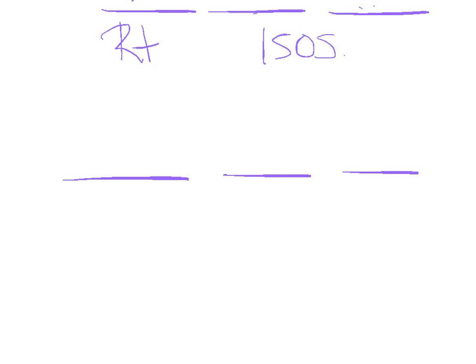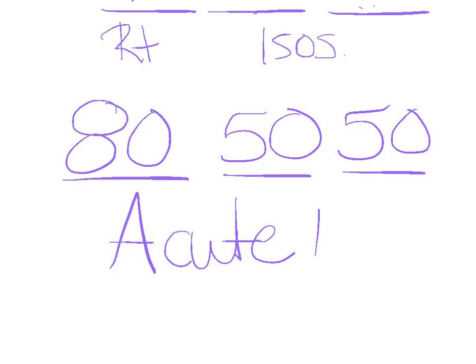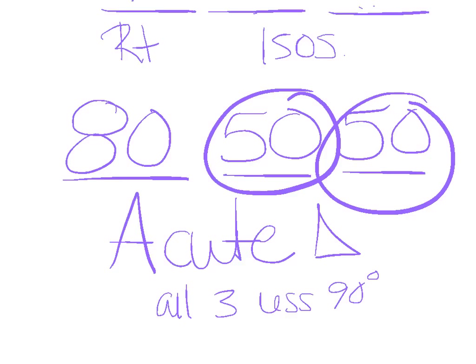Let's say your triangle was 80, 50, and 50. Notice all 3 angles are less than 90, so this is called an acute triangle, because all 3 are less than 90. And it would also be isosceles because we have 2 equal ones.